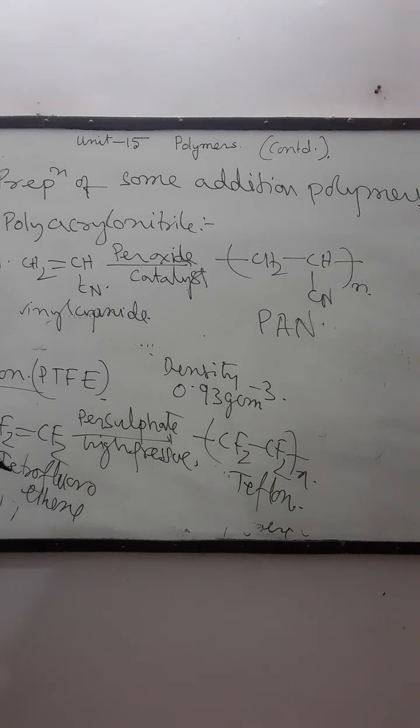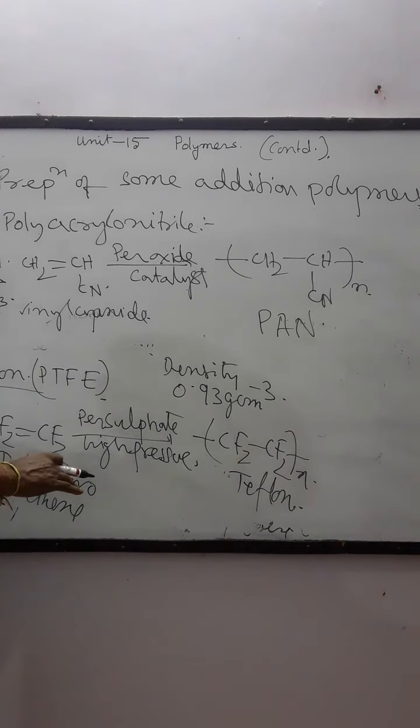Number one, polythene: if the density is less, that is 0.93, it is called low density polythene, and if the density is more, 0.97 gram per cm cube, then it is called high density polythene. Our next compound is Teflon, where the monomeric unit is tetrafluoroethene.